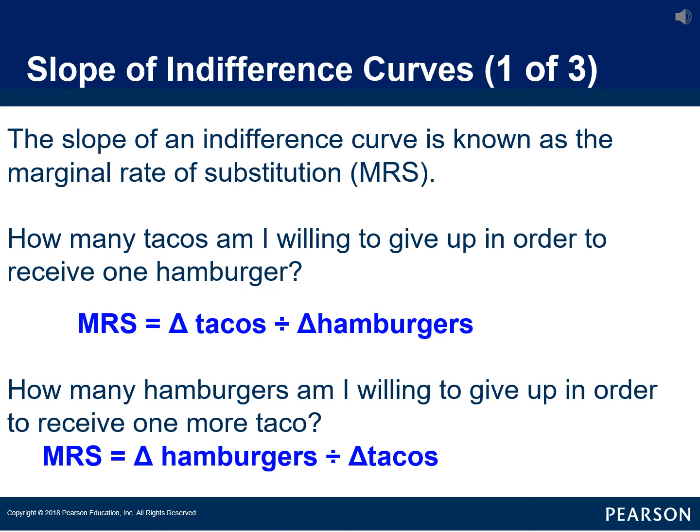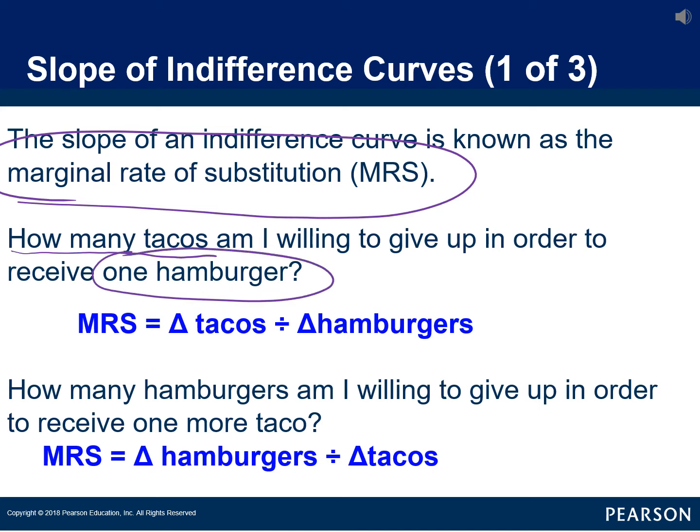So one piece of information that we can pull from the slope of the indifference curve is marginal rates of substitution. And marginal rates of substitution tell us how many of one product a consumer is willing to give up in order to receive one of another product.